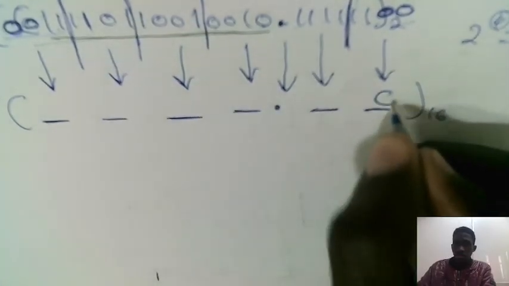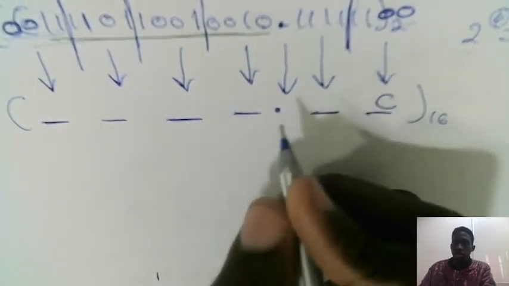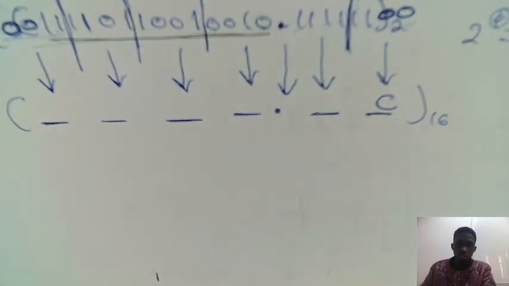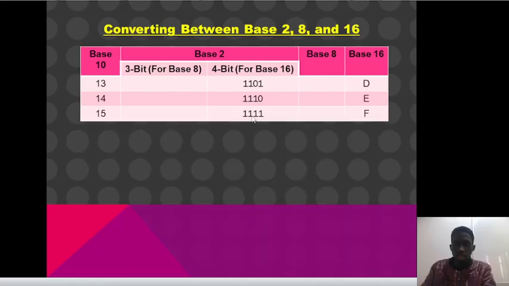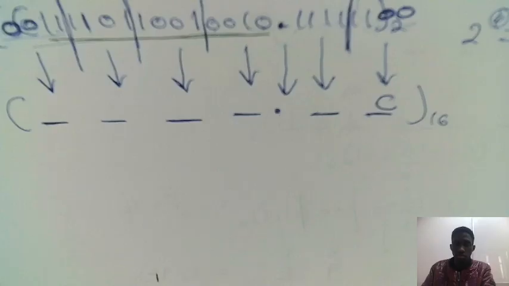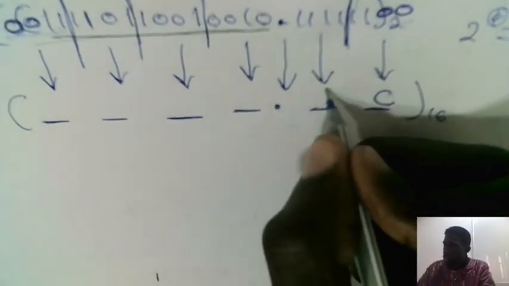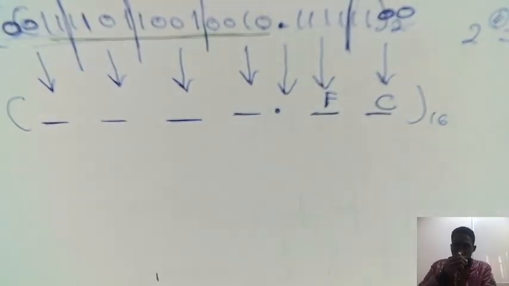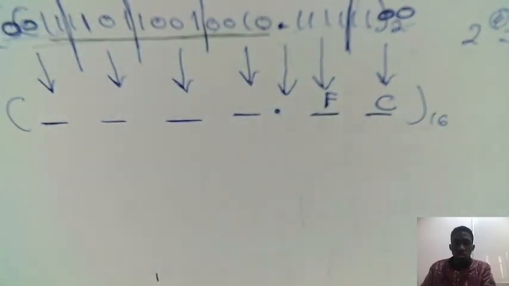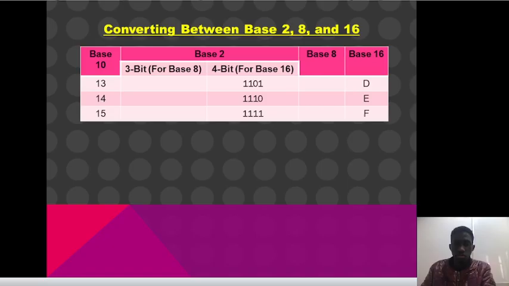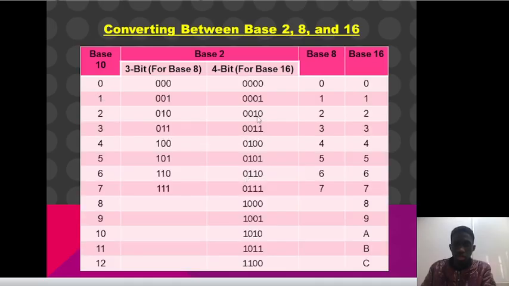So I write a C. 1111 is an F in base 16. So F in base 16. 0010 is 2 in base 16.